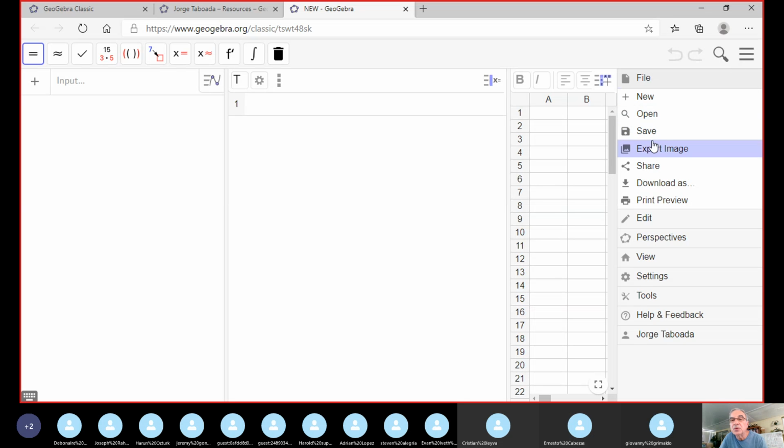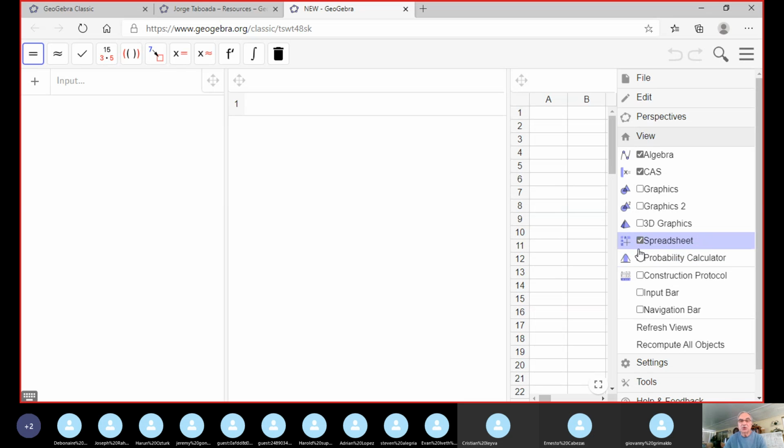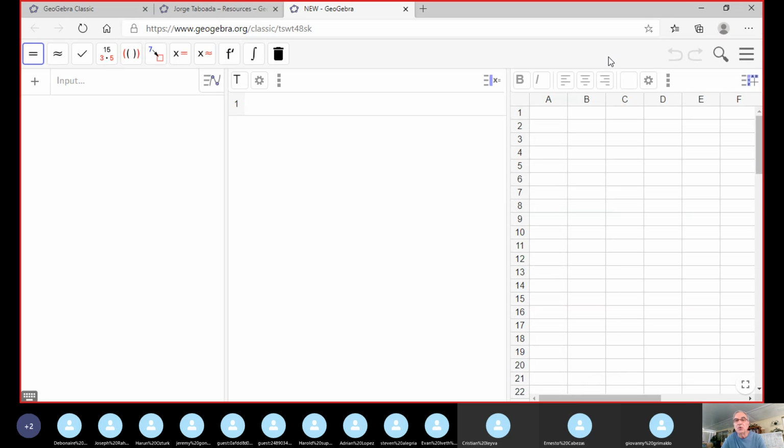Where's View? View here. Geogebra is super complicated software, and they have different views. So you select only 3 views: Algebra, CAS, and Spreadsheet. Boom.